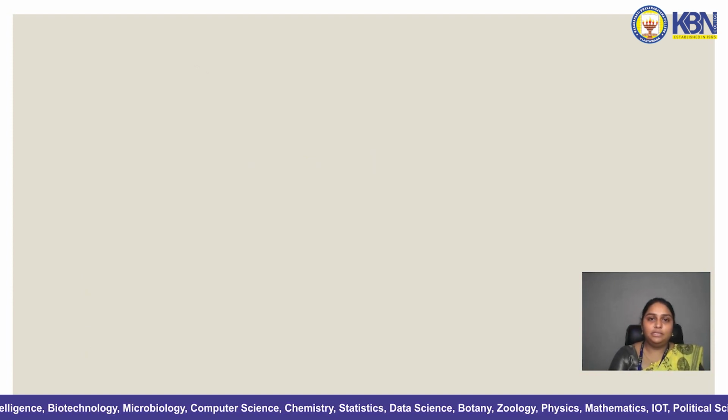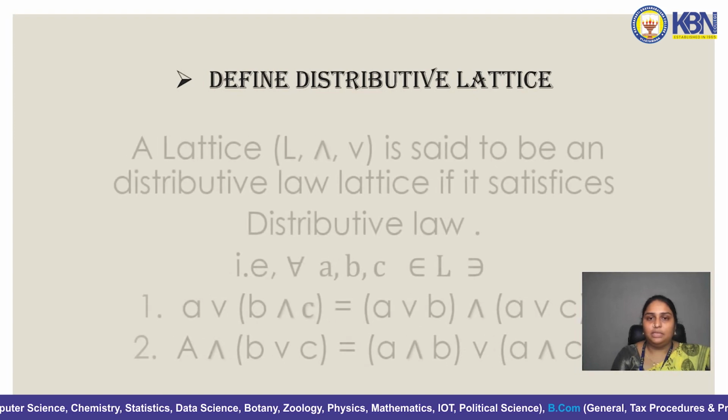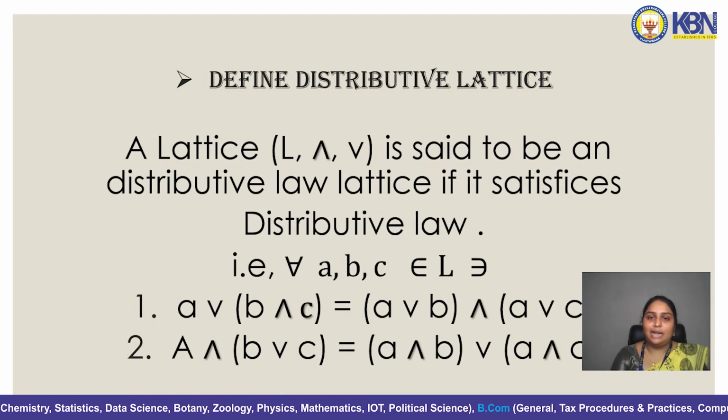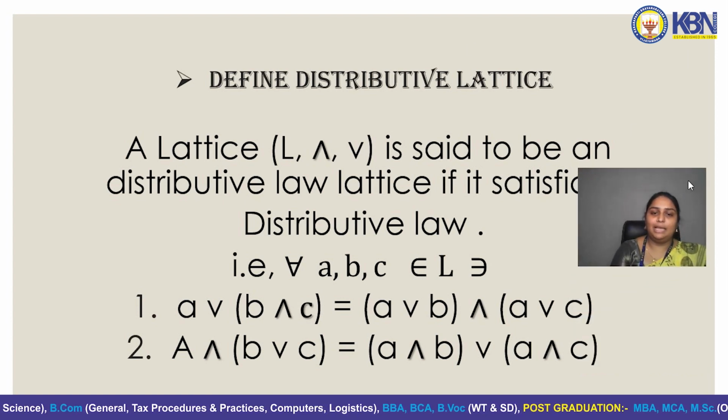And the next one is, what is meant by distributive lattice? It's just distributing the elements. That means a lattice which satisfies the distributive law is called a distributive lattice. That is, for every three elements A, B, C in L, we have to distribute the elements between them.